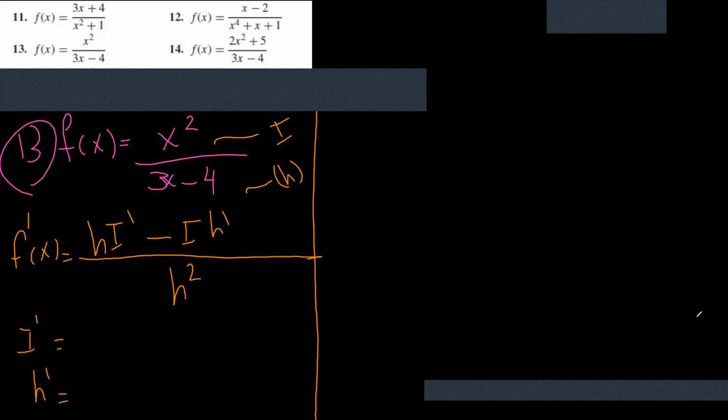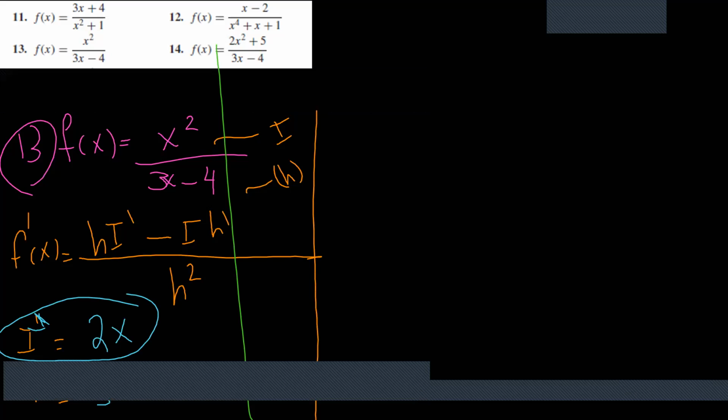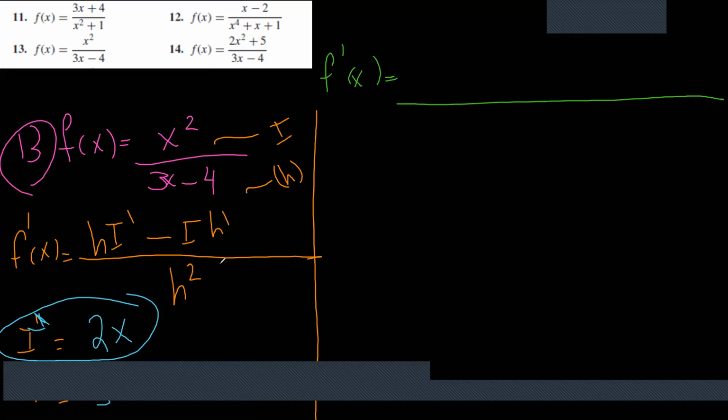g prime, I said that g is x squared. So g prime will be 2x, is that right? Correct. And h prime will be 3. Thank you. Then after that, now f prime of x is h, which is 3x minus 4 squared.